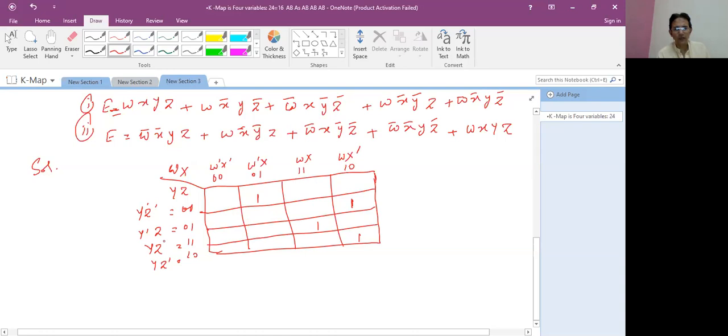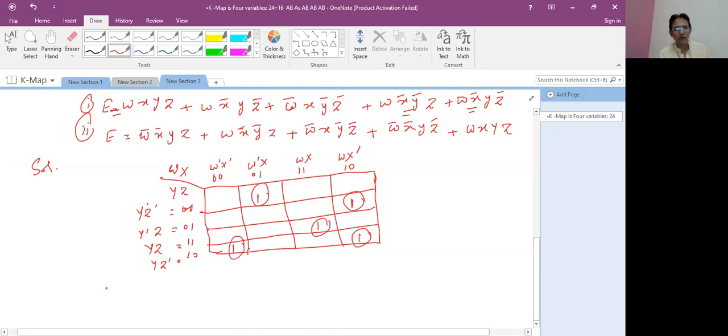Now the last entry for the first Boolean expression, W, X and Z complemented, but Y not. So we write here this. So student, it has no loop. There is no loop. These are single values.